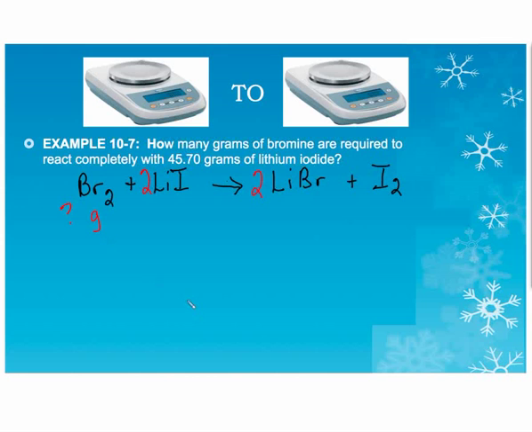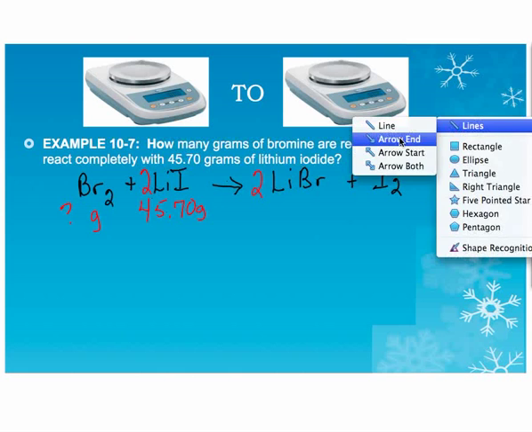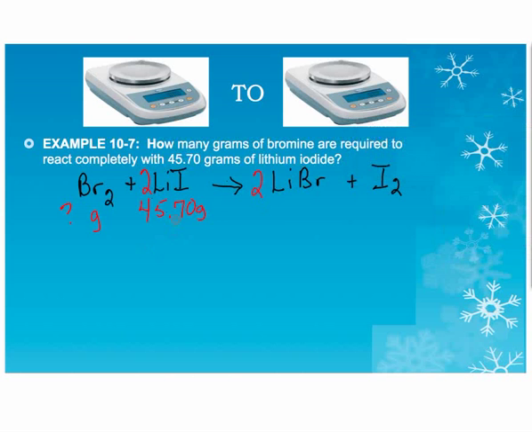So this asks us how many grams of bromine are required to react completely with 45.70 grams of lithium iodide. Okay, so now we want to map out our issue, our problem.